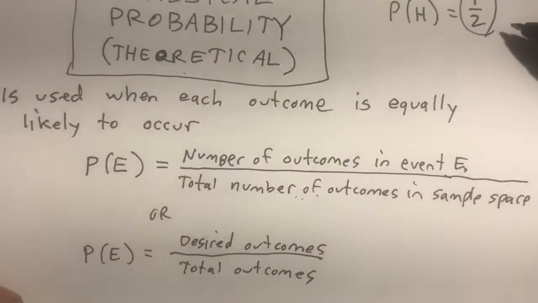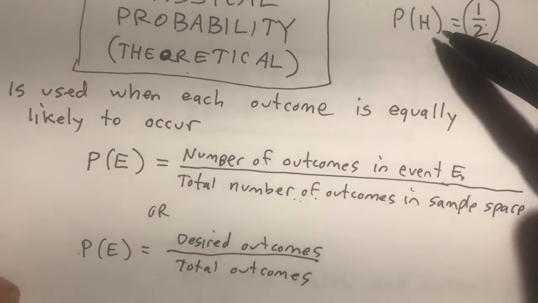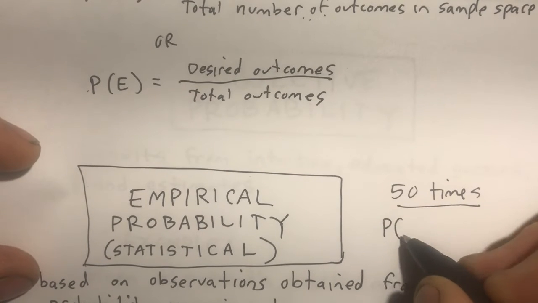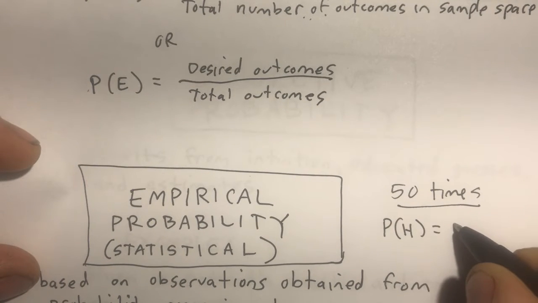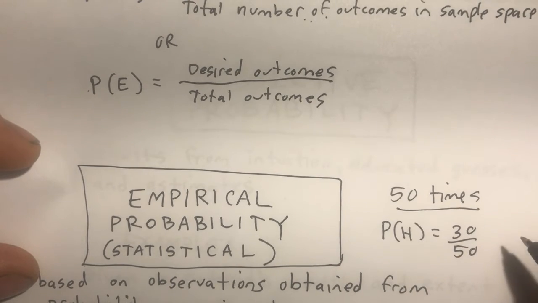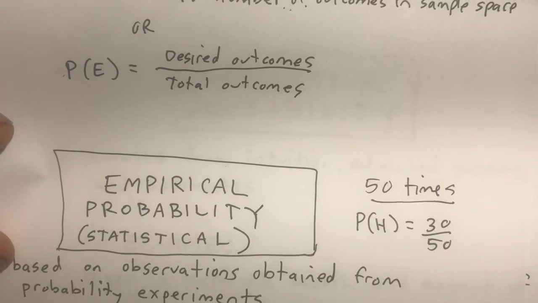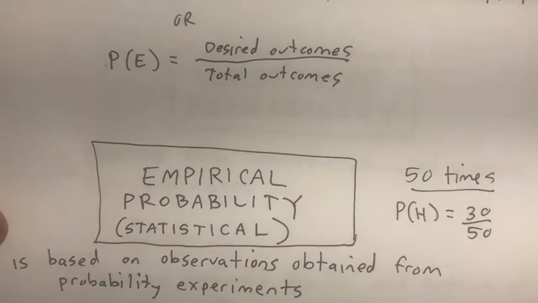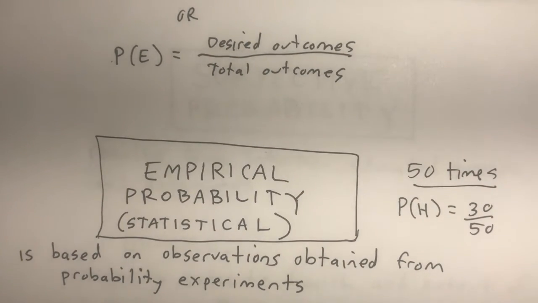Well, I may not exactly have half of them be heads. I may find out that my probability of getting a head ended up being 30 over 50. I might have gotten it 30 times out of 50. These two right here are not always equal. Sometimes they might, but they're not usually.